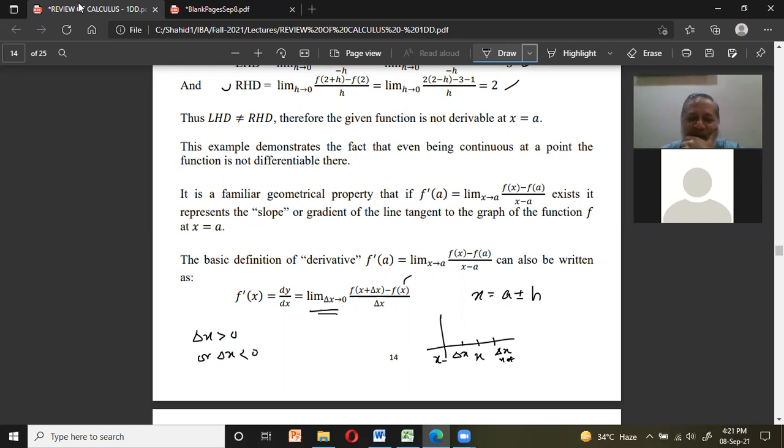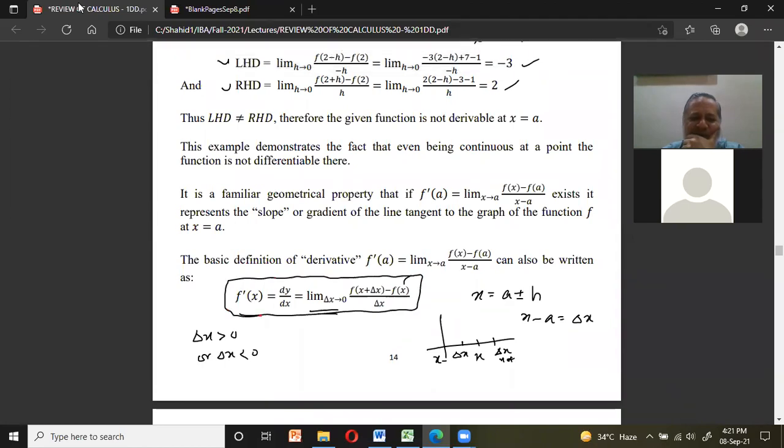So a, which was earlier a fixed point, has now become an arbitrary point. x, which was a point close to a, now x plus delta x is taken close to it. So when I talk about x minus a, earlier it was plus minus h, now it is delta x. So the denominator is replaced by delta x, and this is your well-known first principle of finding derivatives.